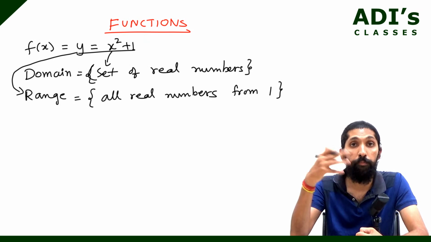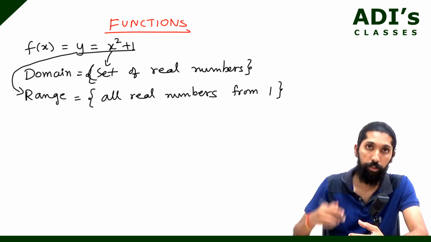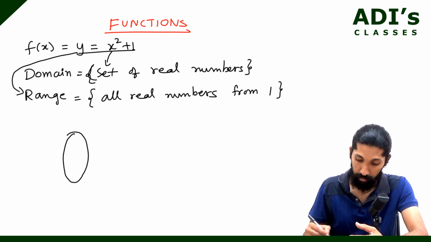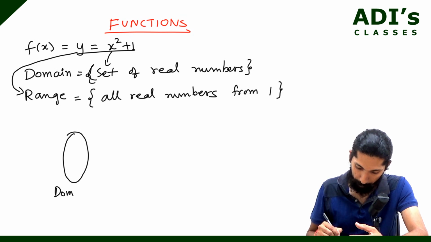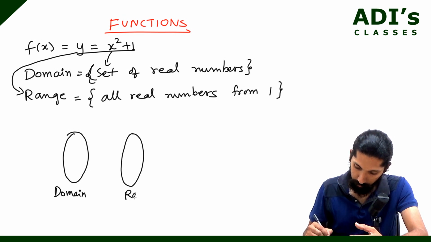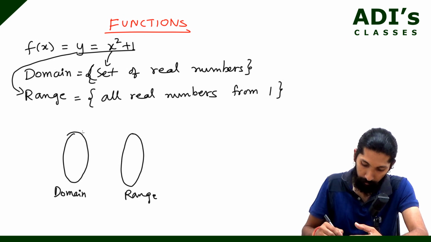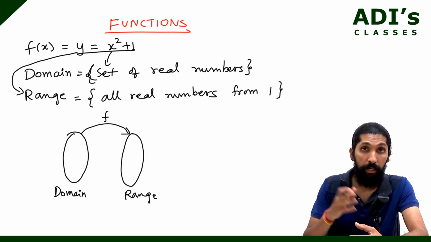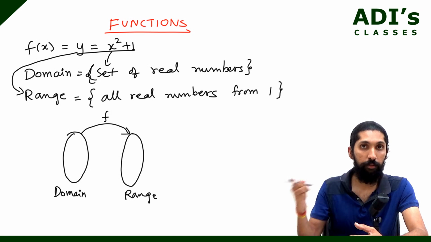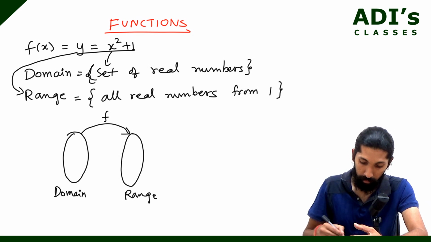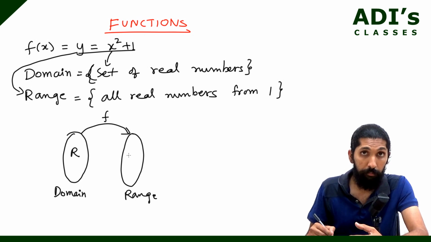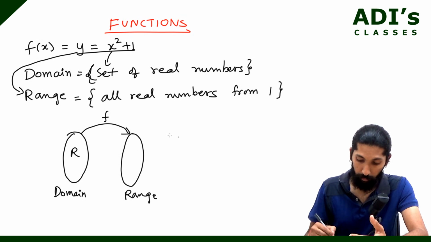If you have to represent this pictorially, on the left side we are going to have the domain, and this is going to be the range, and there is a function f which relates these two. So we have domain and range, and f is the function. Here the domain is the set of all real numbers, and the range is the set of all real numbers from 1.